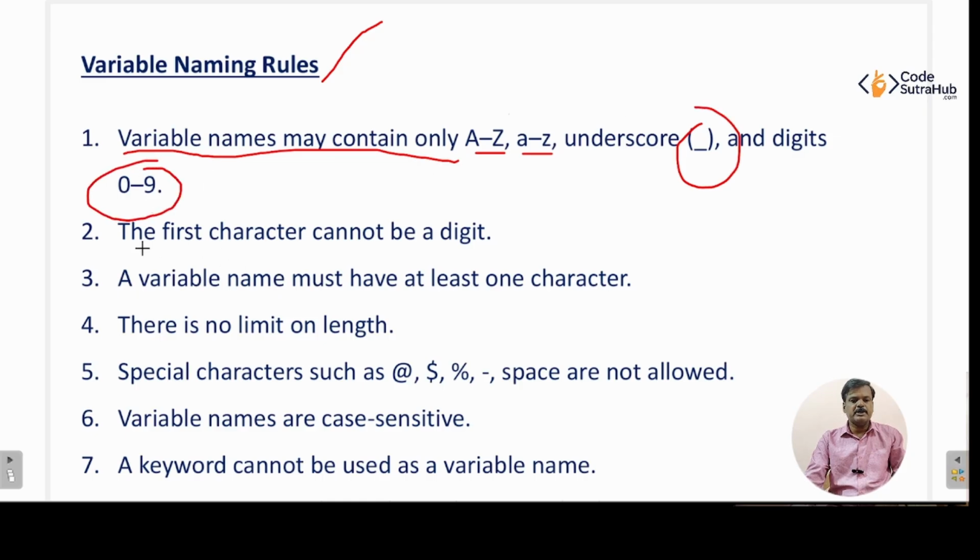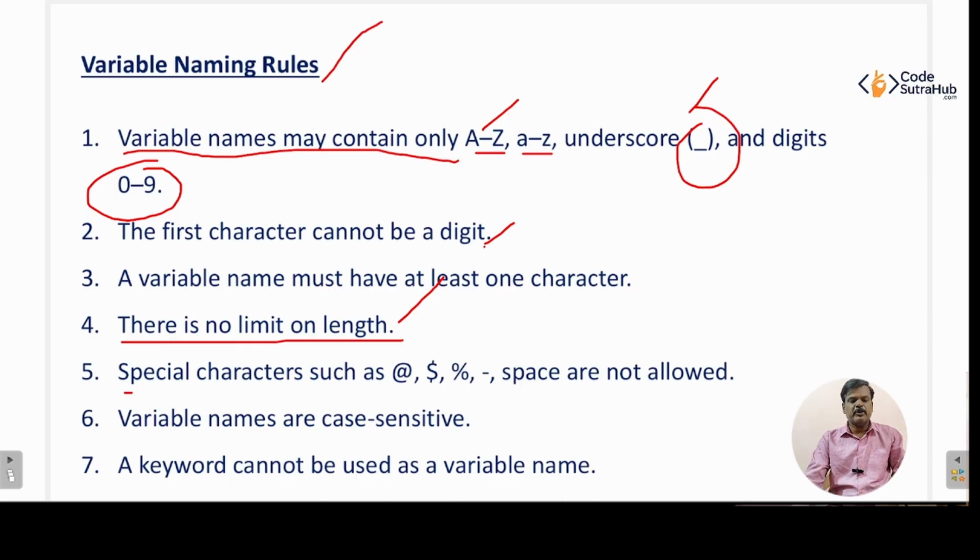The second rule is the first character cannot be a digit. The variable name must start with an alphabet or underscore. The third is a variable name must have at least one character, and there is no limit on the length. You can give any number of characters as a variable name in Python.